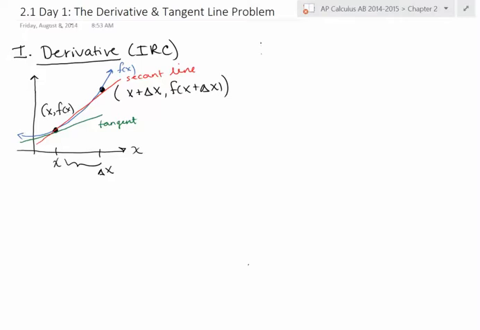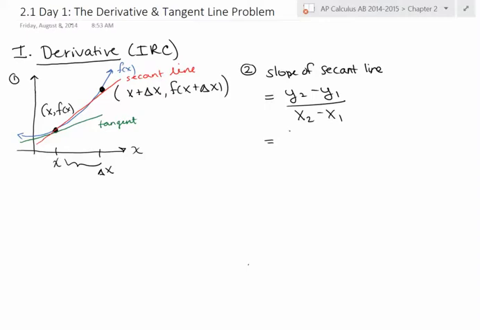So let's go back and think about, here's kind of a picture. So let's think about the slope of my secant line. Okay, so the slope we know from Algebra 1 is y2 minus y1 over x2 minus x1.